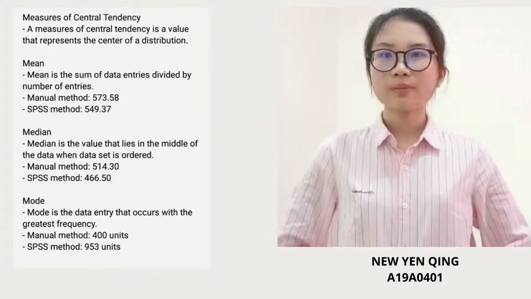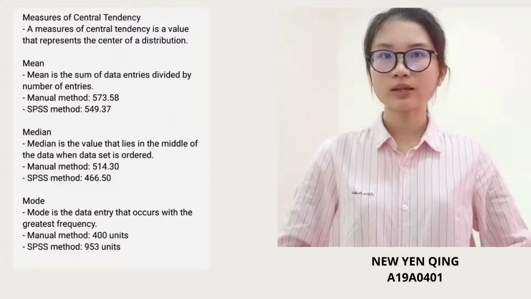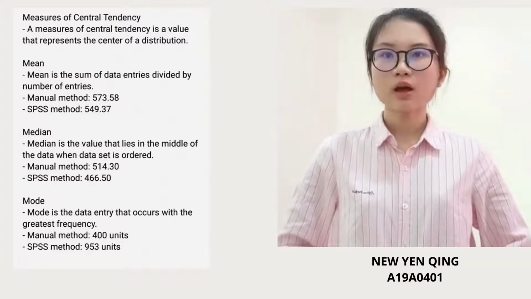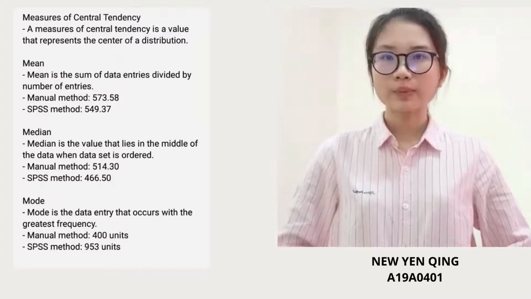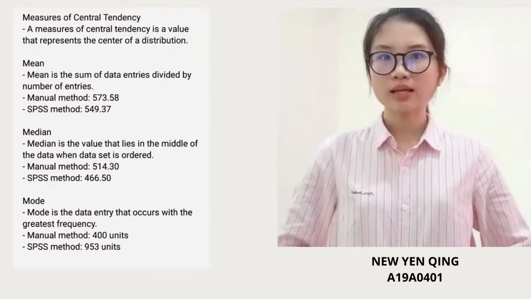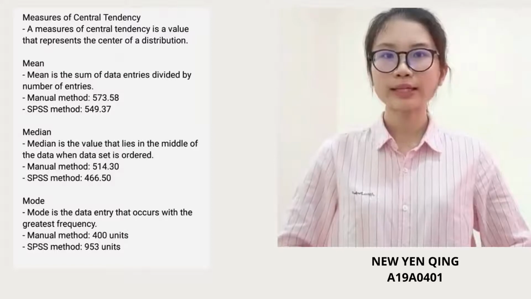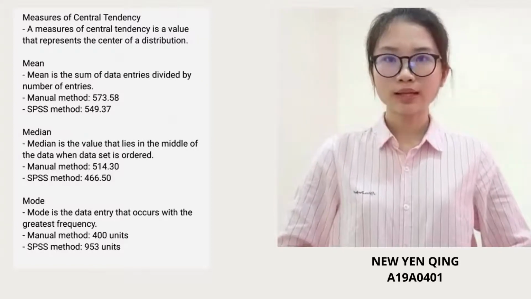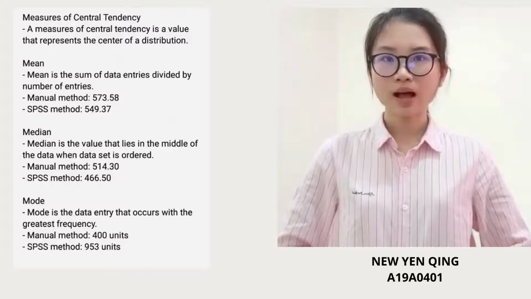For median, median is the value that lies in the middle of the data when the data set is ordered. Using the manual method, the median for the number sales of cars is 514.30. When using the SPSS method, the result shows that the median for the number sales of cars is 466.50.